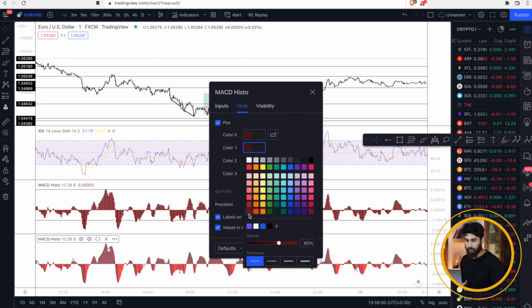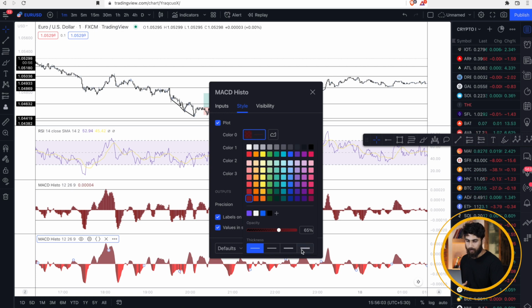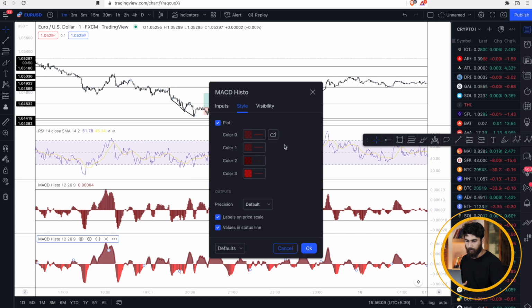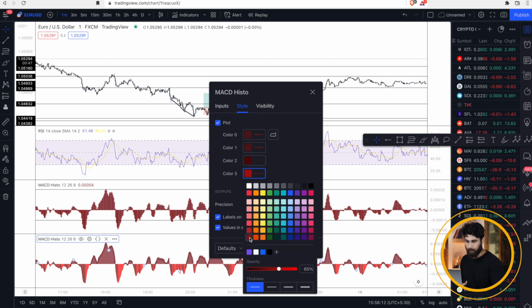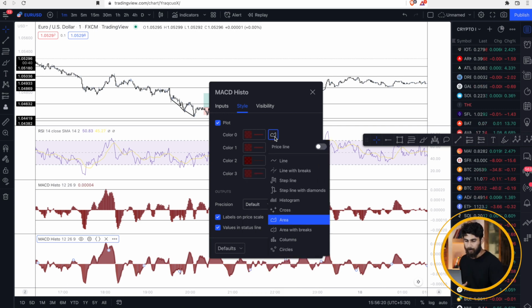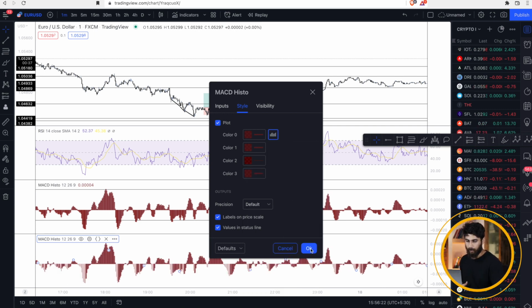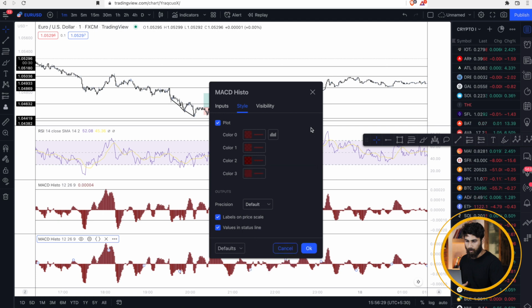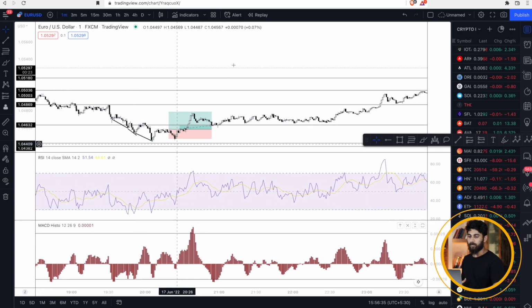Do the same with this. Also adjust this. Click over here and now the last one. Now click over here and choose histogram and then click on OK. After you do this, your chart would look something like this.